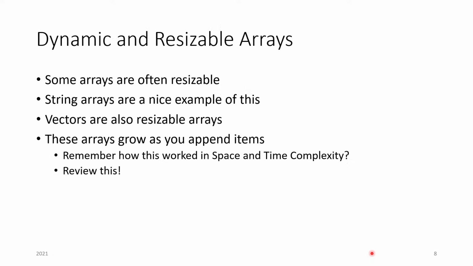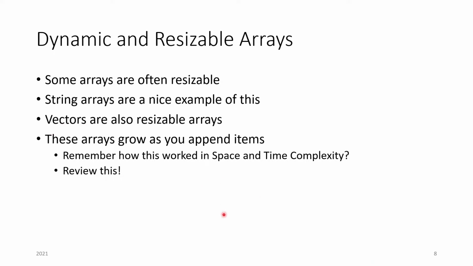Now, for dynamic and resizable arrays, you already have some experience with a resizable array and a dynamic array, which is basically the strings that you have been using. Strings are basically resizable and dynamic character arrays. Another example of a resizable array, which is more popular, is also known as the vector.